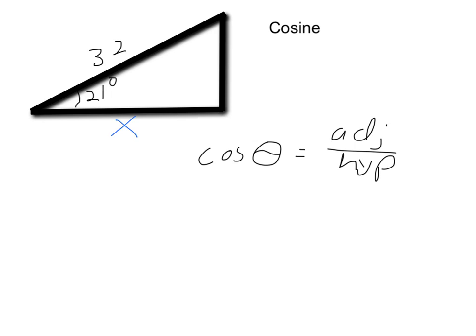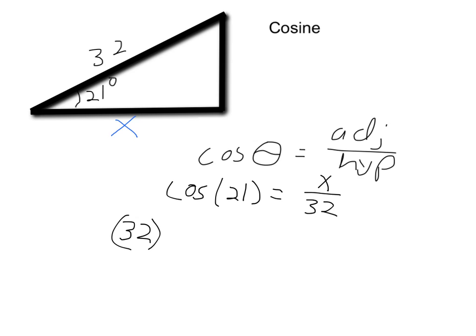So plugging in, cosine of 21 is x over 32. Solving around, multiply both sides by 32 because it's in the denominator there. Cosine of 21 times 32 equals x. Plug all that into the calculator and I come out with 29.87.